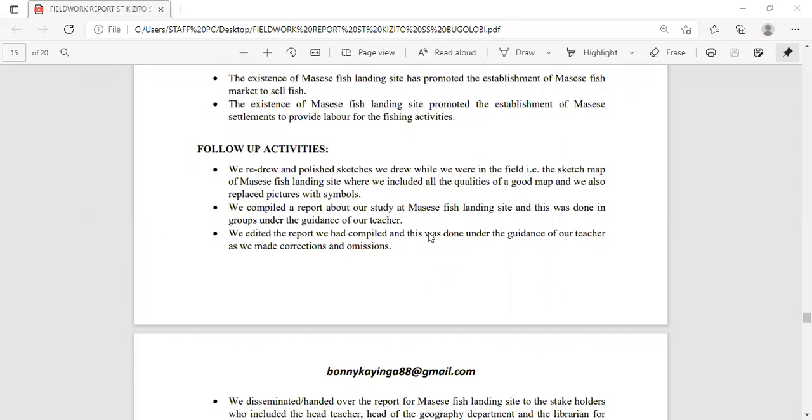The methods we used in our study included observation, sampling, and measurement. Nice. Another one. We selected the tools to be used during the fieldwork, and these included a notebook, tape measure, and others.